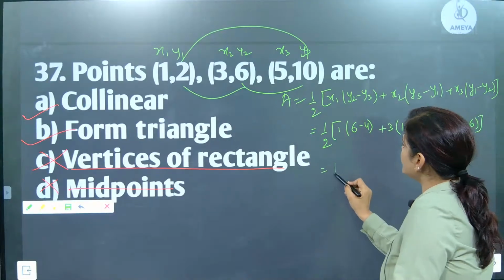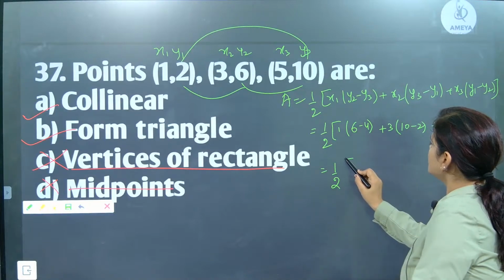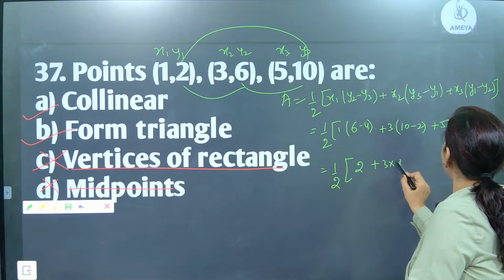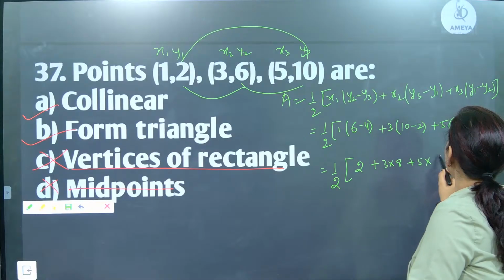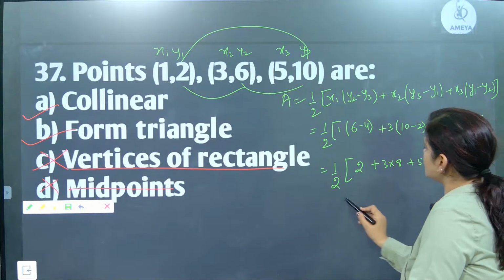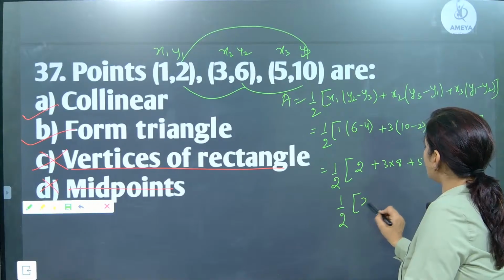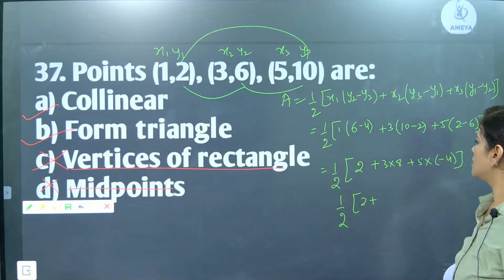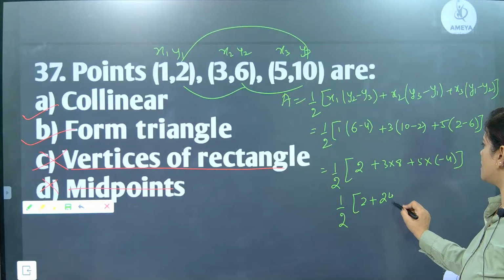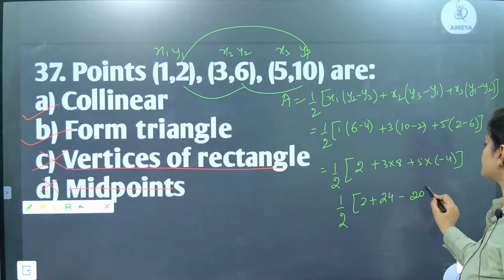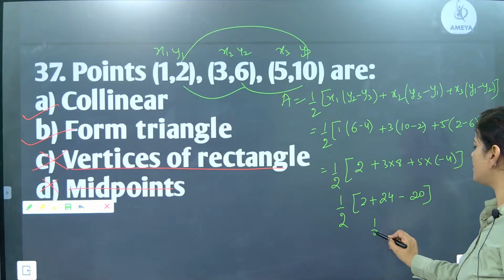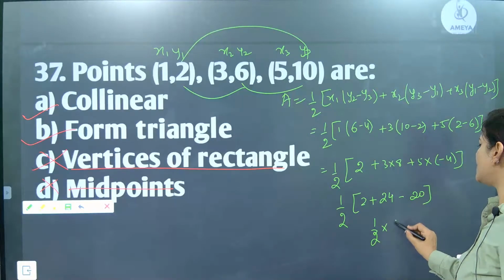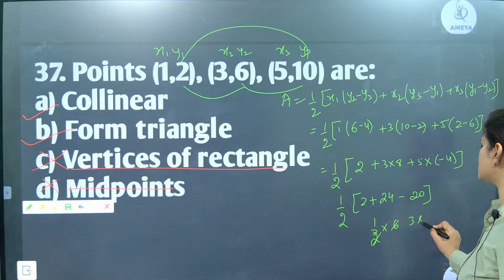Now we need to check whether it is coming 0 or not. 6 minus 4 is 2, then 3 into 8, and 5 into minus 4. Half of 2 plus 24 minus 20. How much is it coming? It is coming 3 square units.